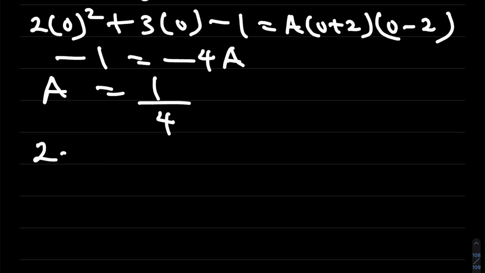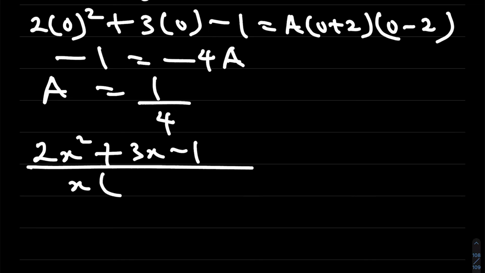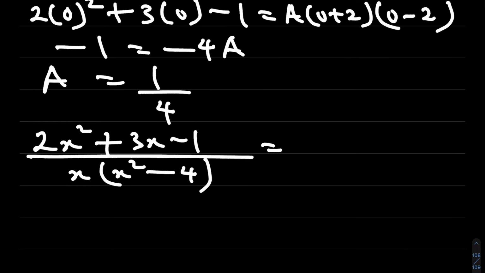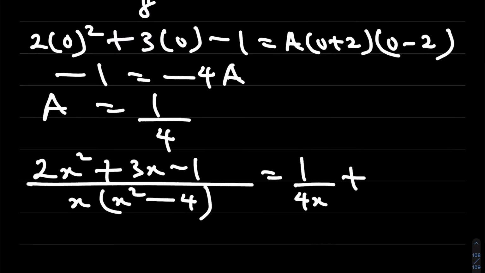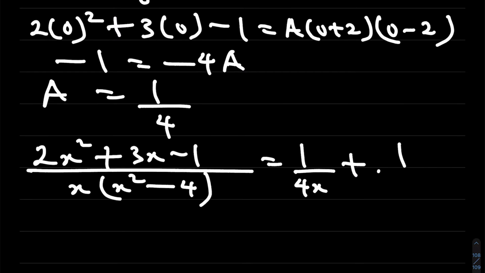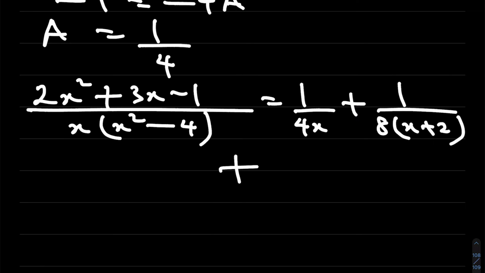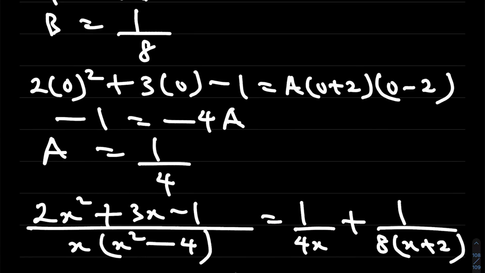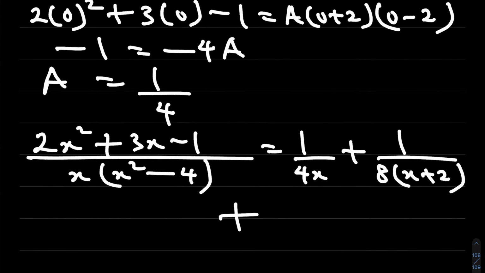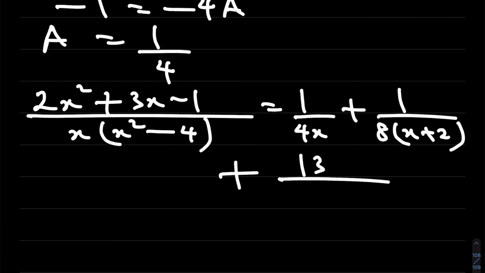So the fraction (2x squared plus 3x minus 1) over x times x squared minus 4 is equal to A over x, which means 1 over 4x, plus B over x plus 2, which means 1 over 8 into bracket x plus 2, plus C over x minus 2, which means C is 13 over 8 into bracket x minus 2.